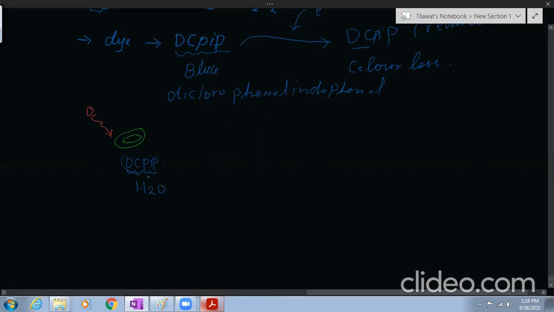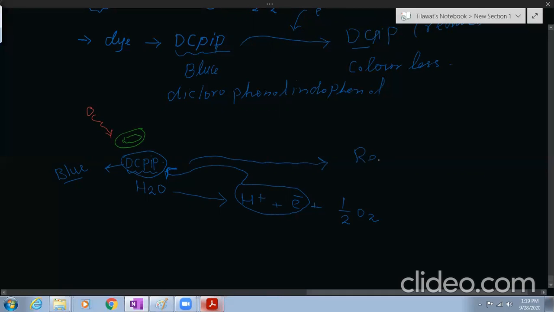This DCPIP is blue in color. When I expose that solution to light, photolysis of water will happen, and water will release oxygen. The hydrogen and electrons will be accepted by DCPIP, and DCPIP will be reduced.